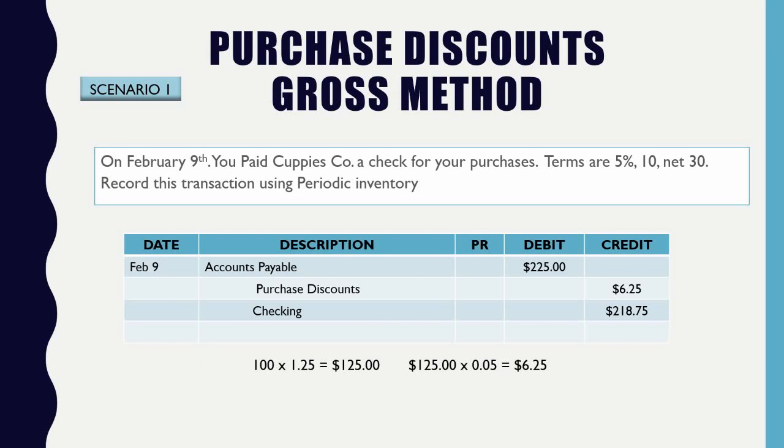If I'm taking away $6.25, that means I originally only paid $118.17 for my actual coffee mugs, because $100 of it is freight expense. So that's how we have to reflect it in our books because we also took the discount.